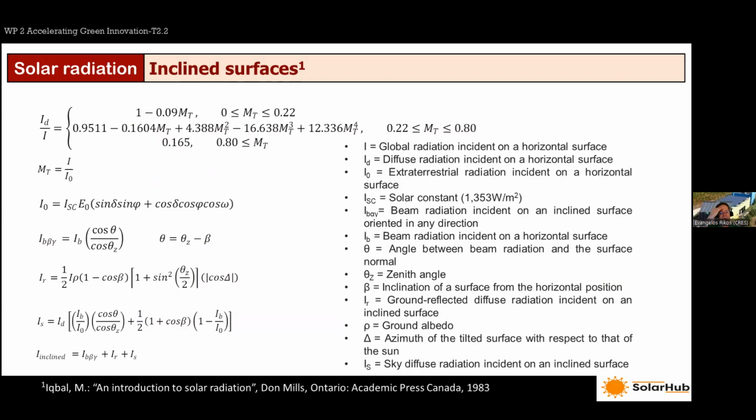There is an equation set for that, and one equation gives you the diffuse radiation as opposed to the global one. It's an empirical model. Then one can use some transformations, first of all, to calculate the direct part of the radiation and transform it to the inclined surface, and then add again the diffuse radiation, which was calculated in the first step, in order to get the inclined surface radiation.